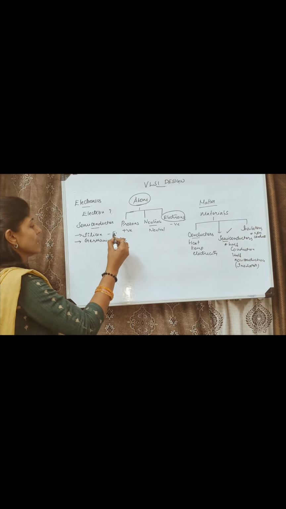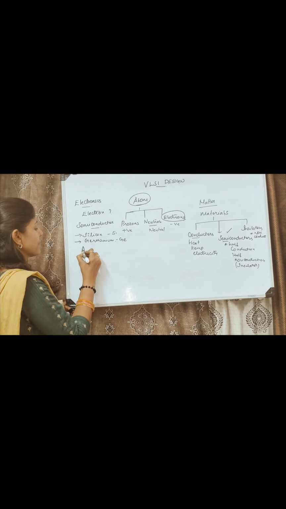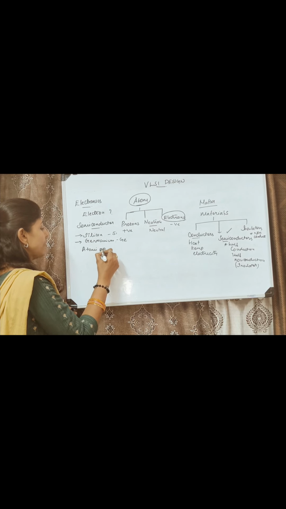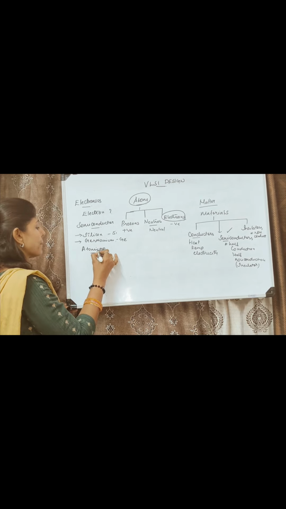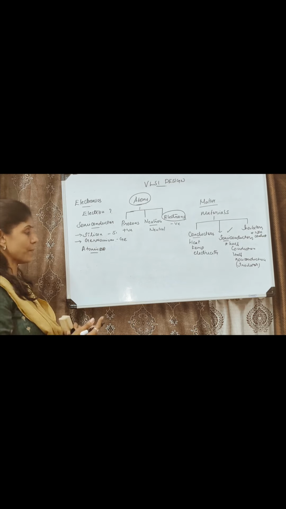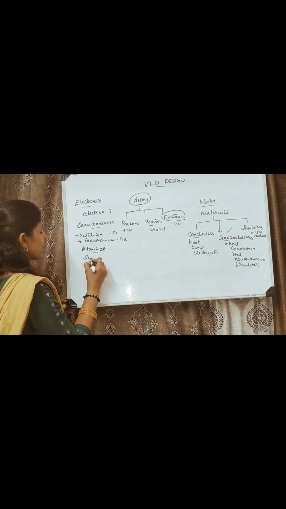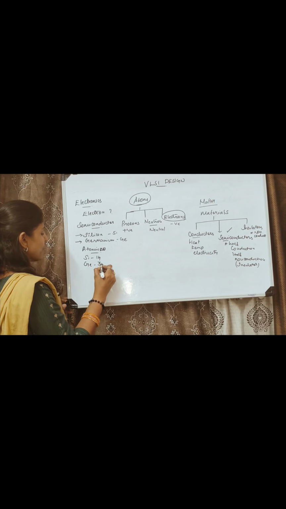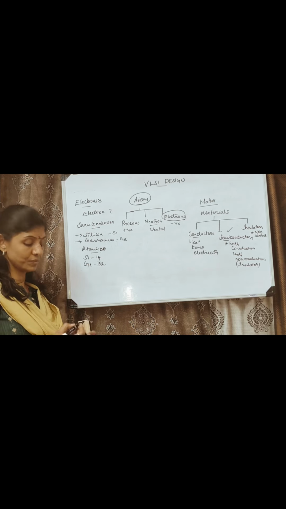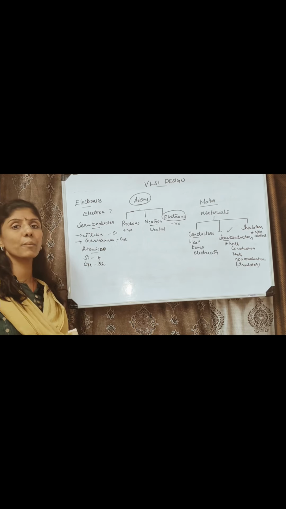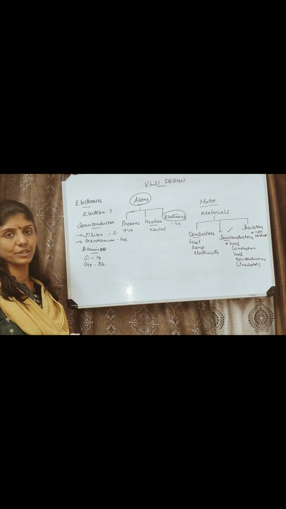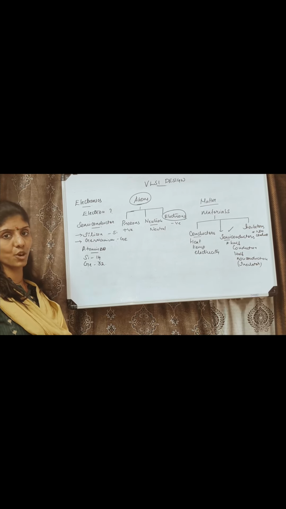You should know the atomic number of silicon as well as germanium. The atomic number of silicon is 14, and the atomic number of germanium is 32, right? What is this atomic number? The number of protons, which equals the number of electrons, is termed the atomic number.